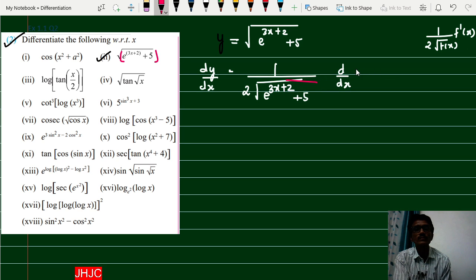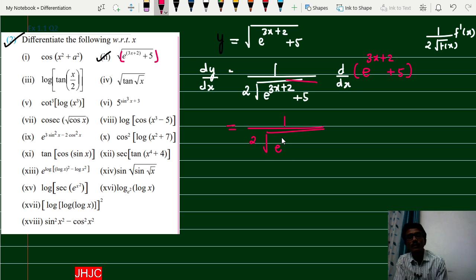Into f dash of x means into derivative of e raised to power 3x plus 2 plus 5. This 5 is constant, so its derivative will be 0, and this is equal to 1 upon 2 root of e raised to power 3x plus 2 plus 5 into derivative of e raised to power fx.